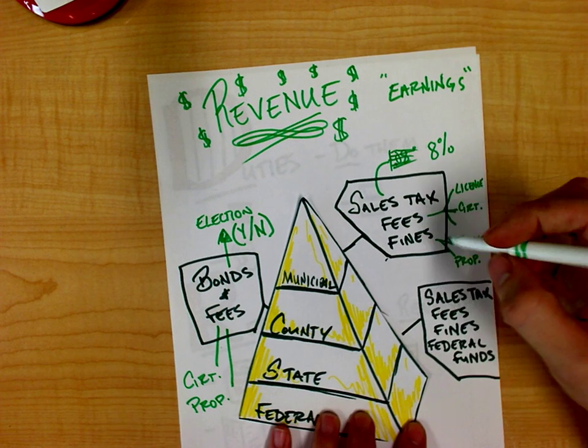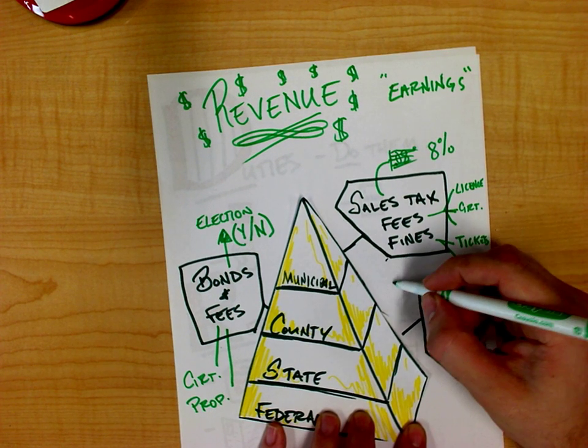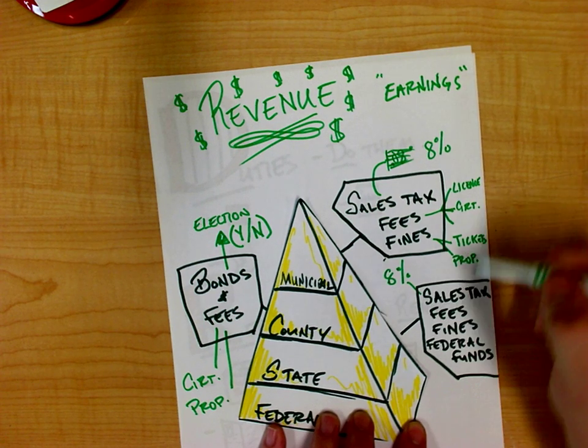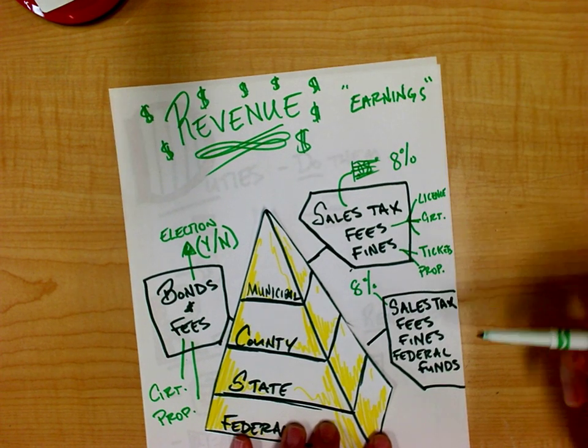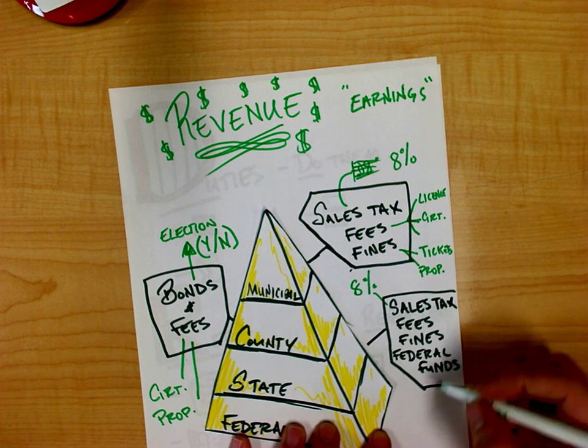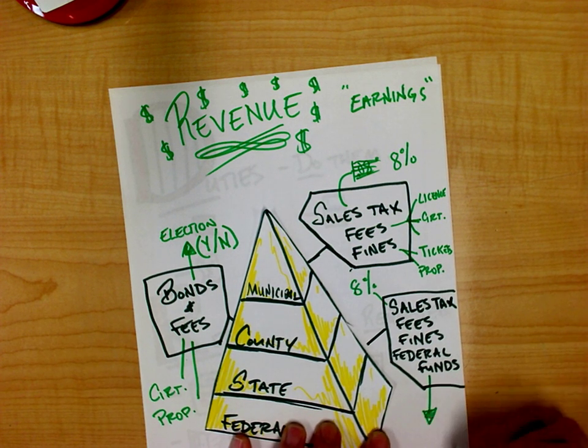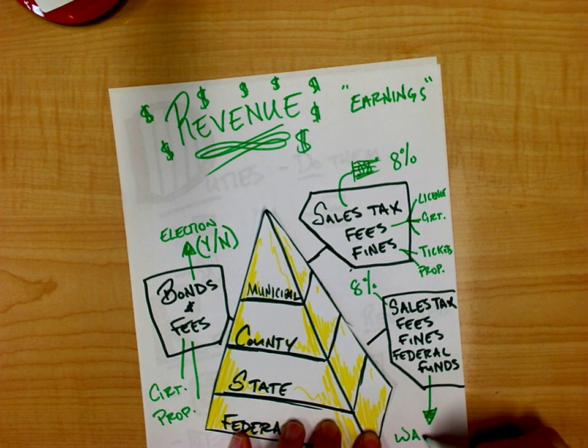The state government has a sales tax, and again, that's 8% in Texas. They also have fees like license certification. They've got fines like tickets and property, but they also have federal funds, which means that Washington, D.C. is going to give money to the state government.